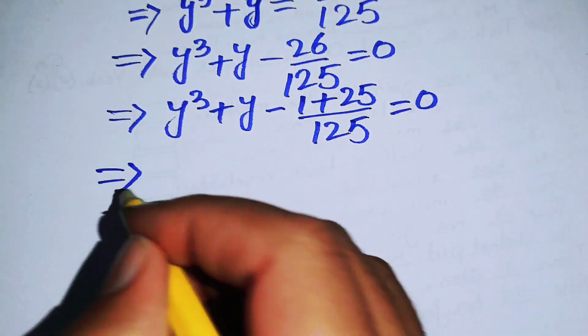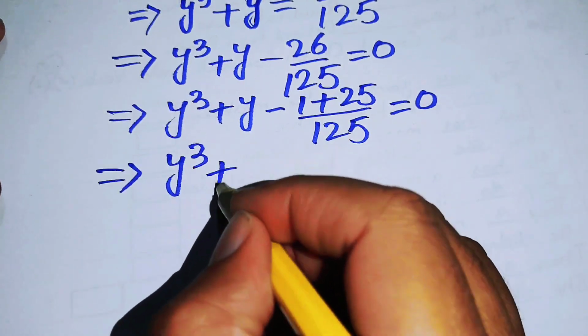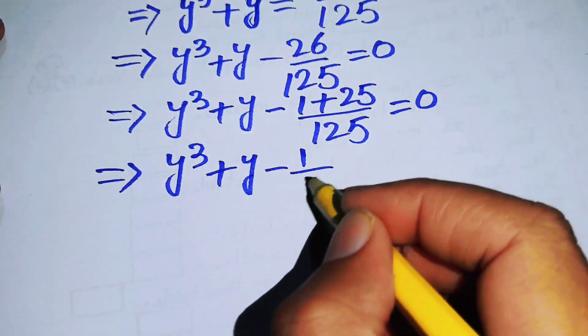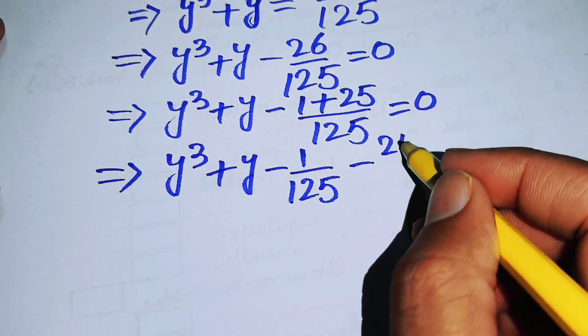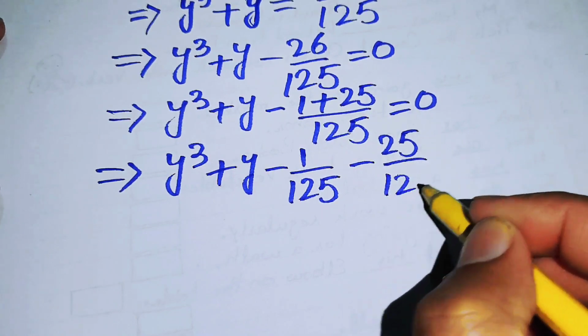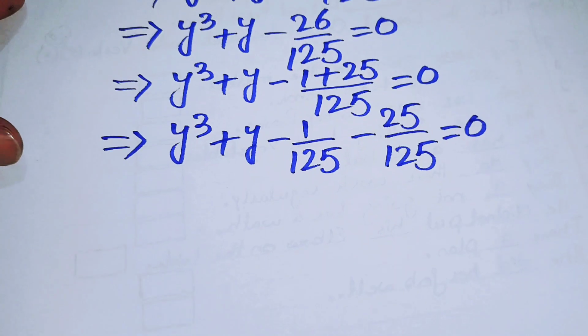Now we will separate these two terms, and we write y cubed plus y minus 1 over 125 minus 25 over 125, and this whole equation equals 0.